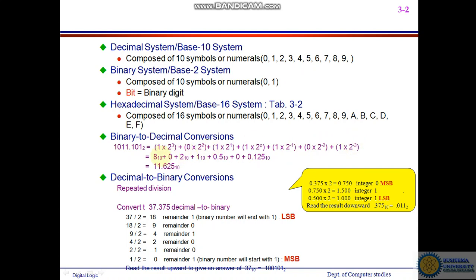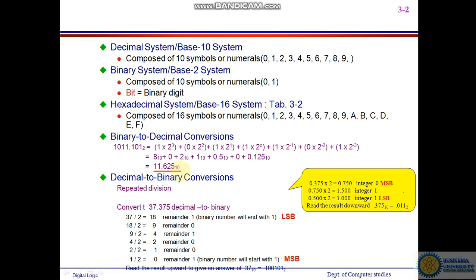Good. So 2 to the power 3 gives us 8, then 2 to the power 0 gives us 1, this one gives us 2, this one gives us 1, and this is 0.5, and then we add. That's when we come up with this answer.